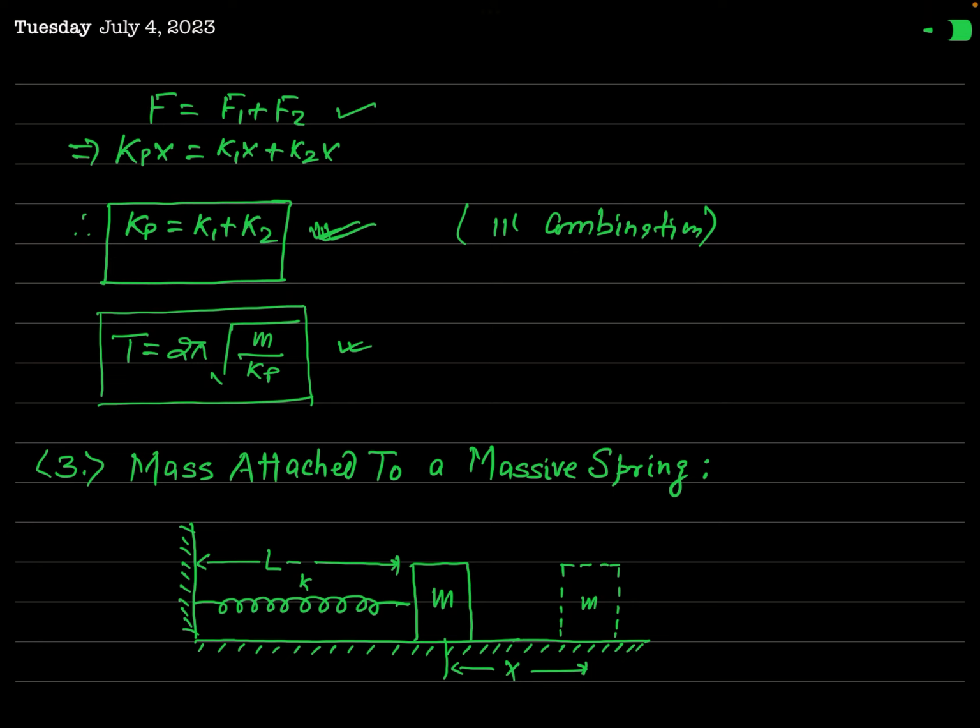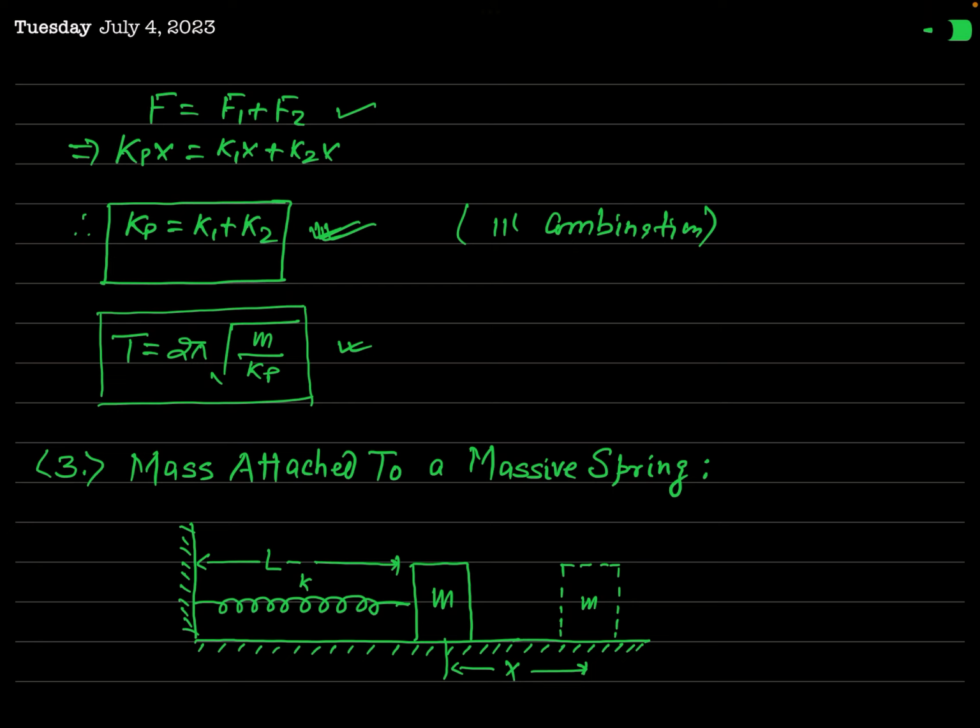Whenever there is a problem having a mixed combination of springs, you should use this idea to simplify the problem. Now, till now we have considered the case of a spring mass system when a spring has been assumed massless. But you know, in practice there will be no spring which will have no mass. Definitely there will be some mass in the spring.